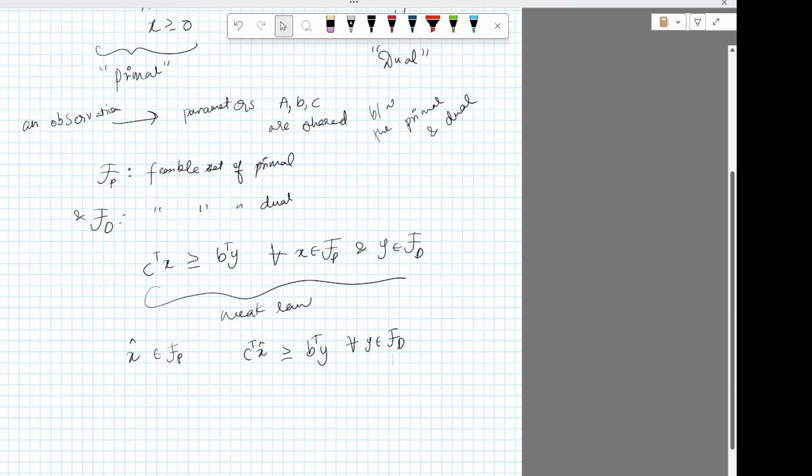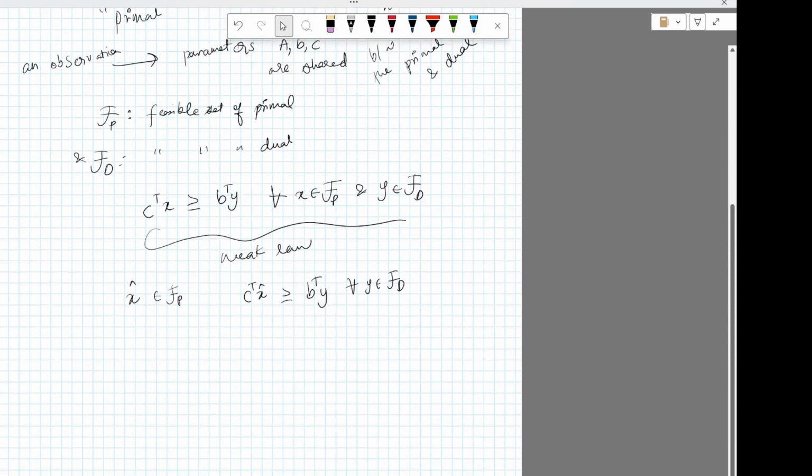But the strong law is in some sense a stronger statement, like it satisfies this but something more also. That's why it's called the strong law of duality, which happens in the case of a linear program.